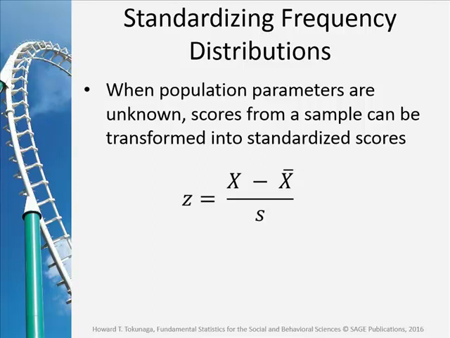But what about if you don't know what the population parameters are? Back to my shoe size example. I'm Nike. Do I want to go out and measure the foot size of every person on the face of the earth? No. What could I do instead?